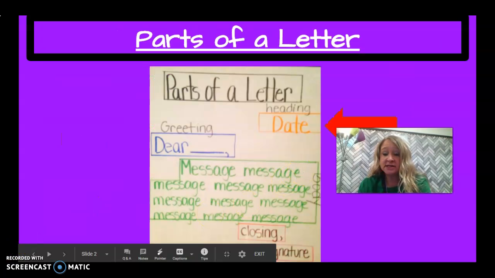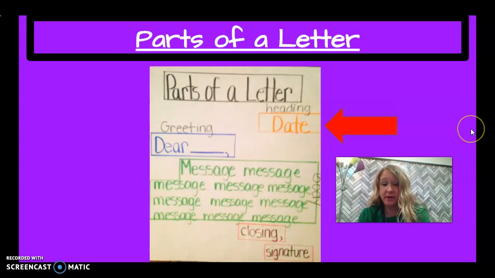So there are parts of a letter that we need to remember. First is the heading or the date. That is where you put today's date at the top on the right-hand side. The next part of the letter is the greeting.